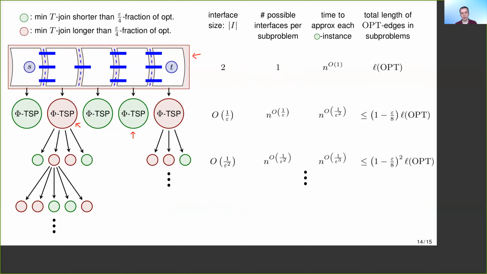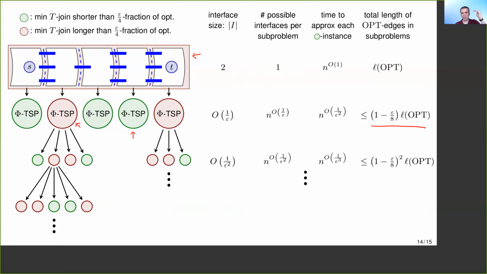In the right half of the slide, I highlight how the different quantities develop. But maybe the most important one is the last column here, which indicates the total length of opt edges not guessed so far. After the first step, we guessed an epsilon/8 fraction of the opt edges. So the opt edges that we didn't guess so far have length no longer than 1 minus epsilon/8 of opt.